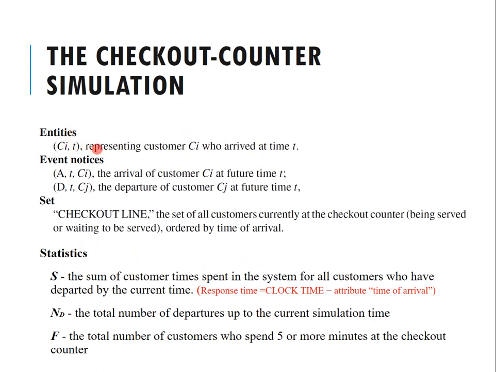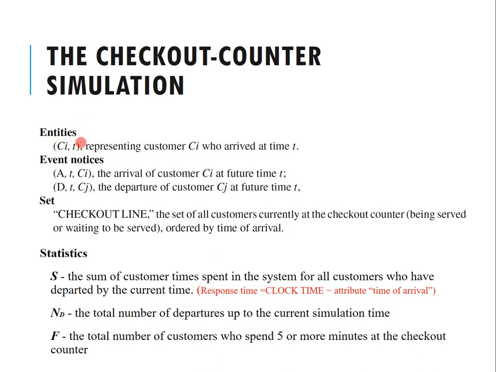Entities. The entities will be the customers, right? We can represent a customer with Ci. If it is customer number 1, we call it C1. Customer number 2, we call it C2. So Ci, comma T means customer i who arrives at time T. This is the way we represent the entities.